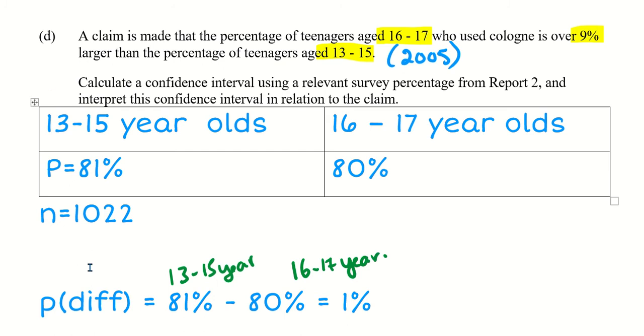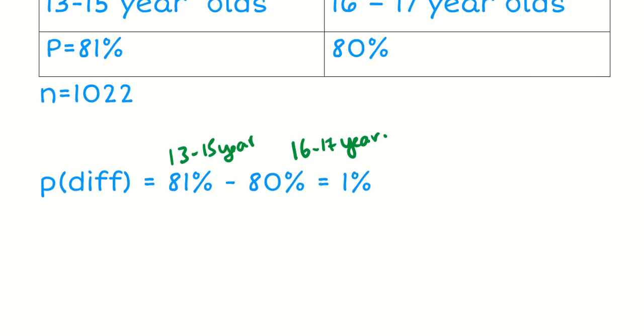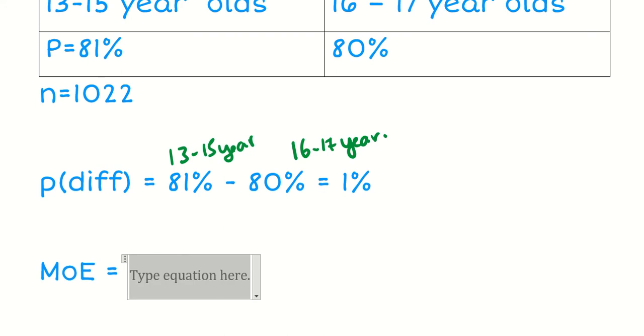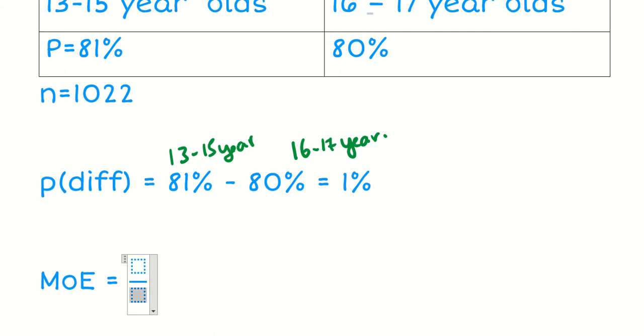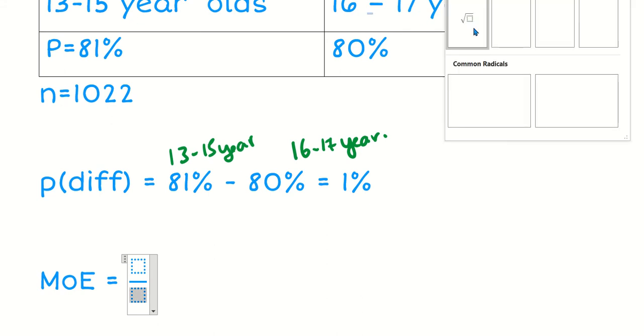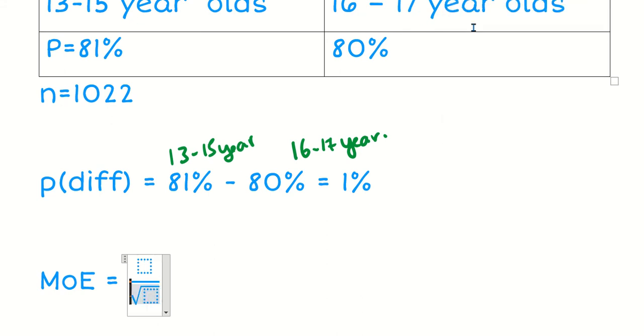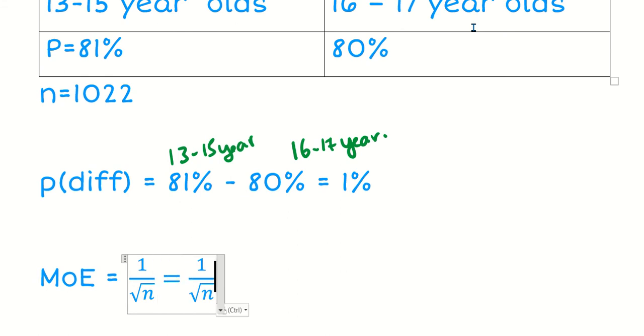Okay, now I need to find my margin of error. And our margin of error formula, let me insert an equation there, and I need a fraction, and I need a square root. The formula is 1 over the square root of n. And in our case, our n is 1022.